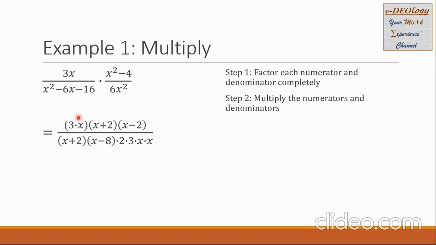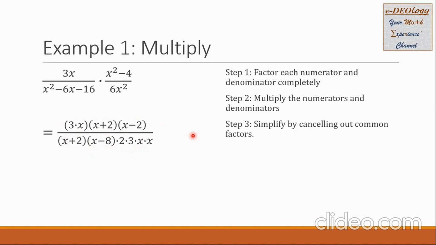The 3 times x times the x plus 2 times x minus 2 in the numerator. In the denominator is the x plus 2 times x minus 8 times 2 times 3 times x times x.